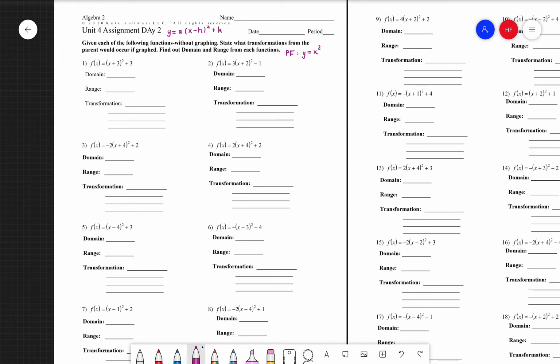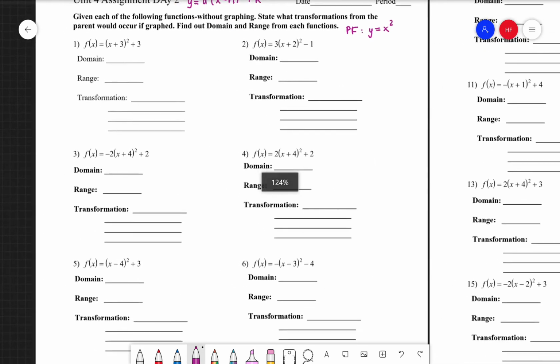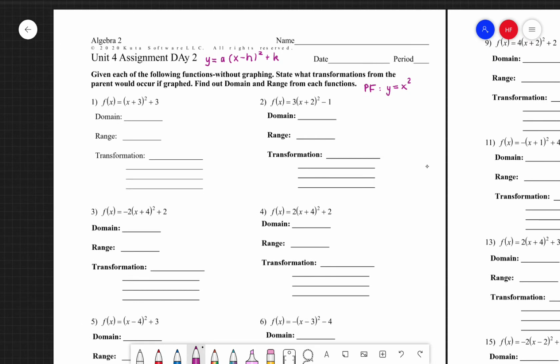So on number 1, I don't see an a value here, so that means a equals 1. Then we have (x plus 3) squared and then plus 3 on the end. The transformations are going to occur from all the things that are different. The first thing that I see that is different is that plus 3.